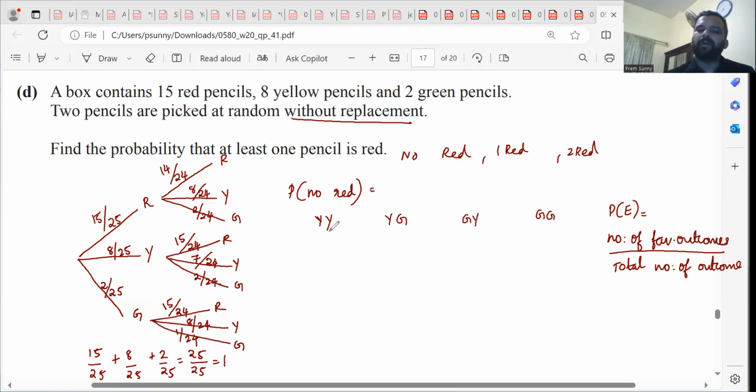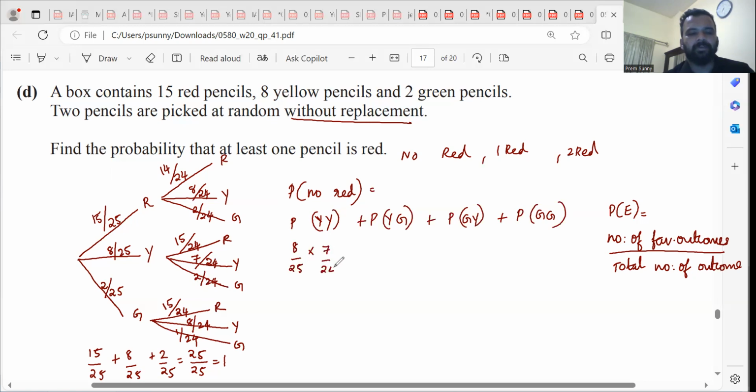So probability of no red means probability of yellow-yellow plus probability of yellow-green plus probability of green-yellow plus probability of green-green. Probability of yellow-yellow, both of them yellow, is 8 by 25 into 7 by 24.